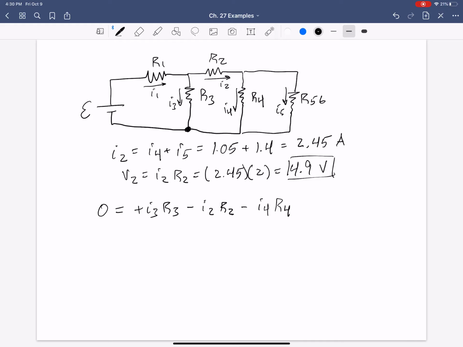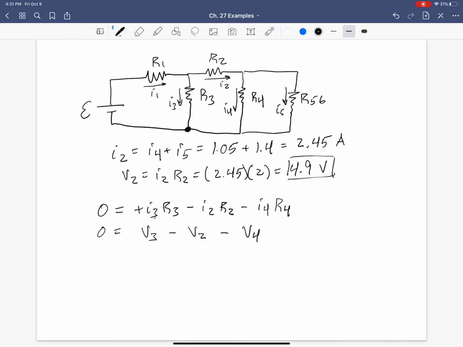Well, we don't know the current 3 now. We don't know the value for I3, but can we know the value for that whole term? This whole term of the voltage 3 maybe? Let's rewrite that. V3 minus V2 minus V4.